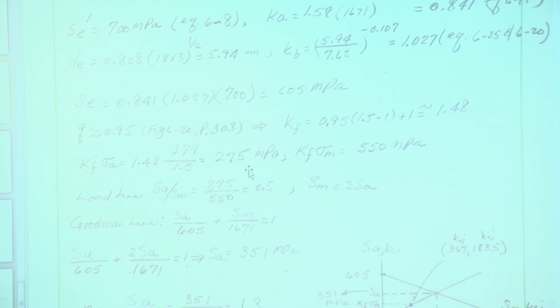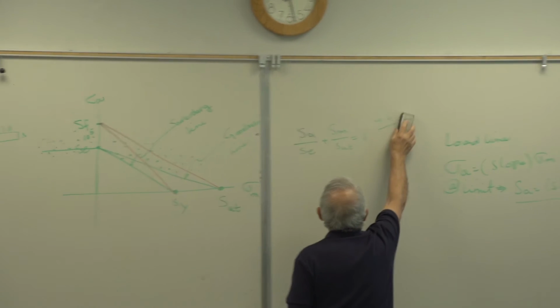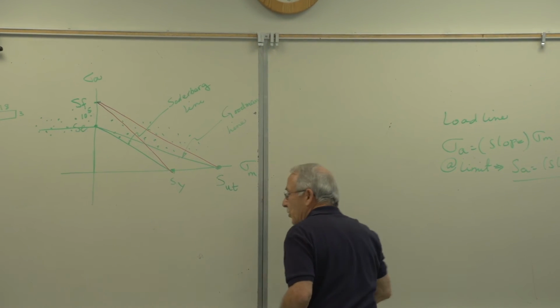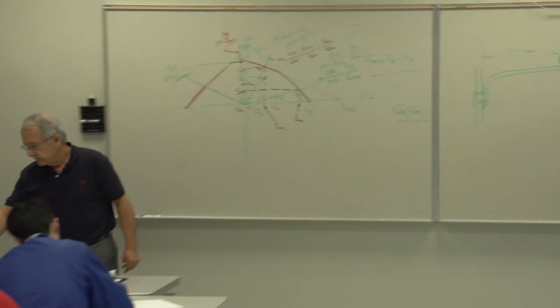Here is a subtle point that we write the equations, this equation, for the point of cross section of the two lines.